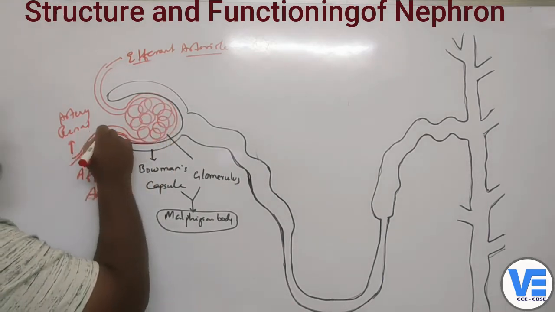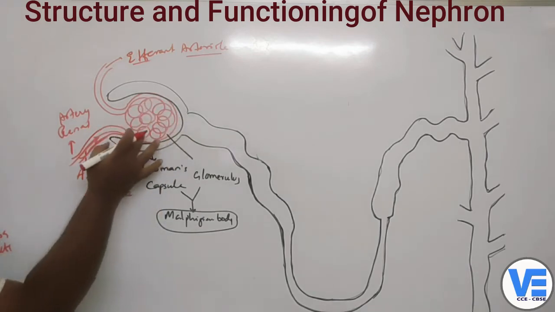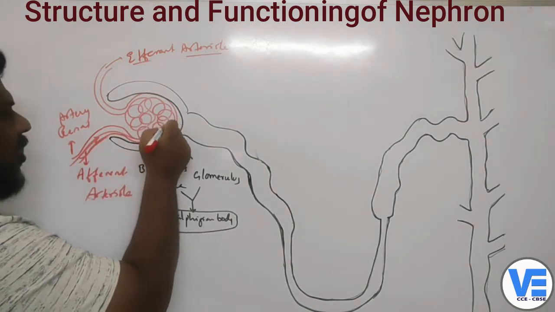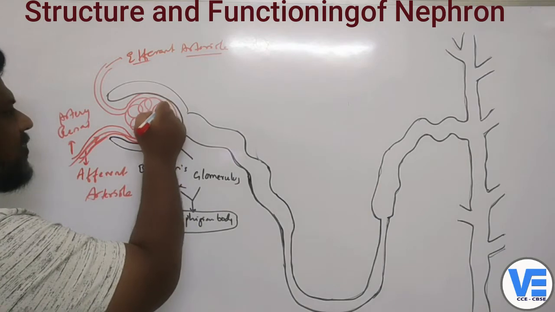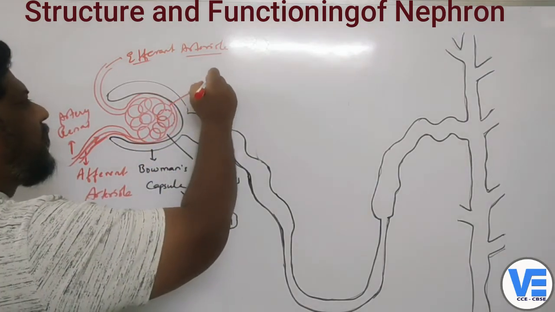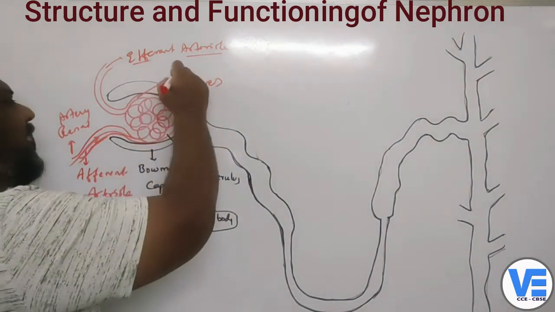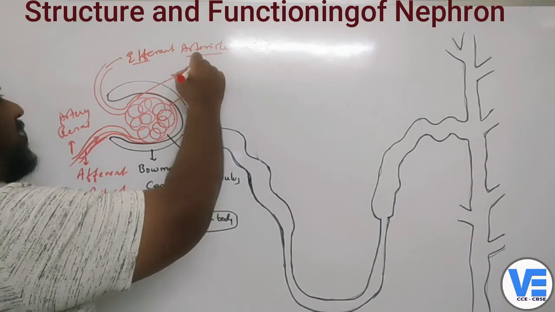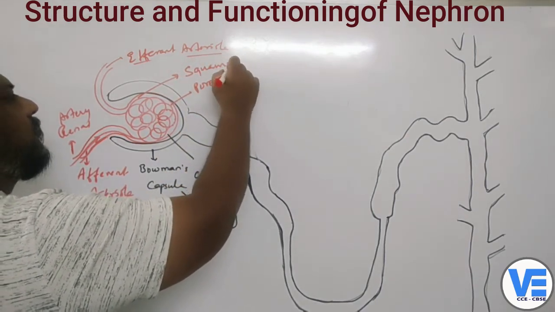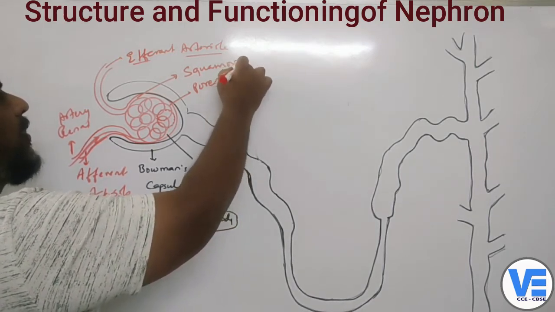Now when it comes inside, what happens is, this glomerulus, I'm talking about the glomerulus, when the blood is traveling in here, already we have seen that these are the cells which are called podocytes, which have pores in them, and they are made up of a very thin membrane called squamous epithelium.